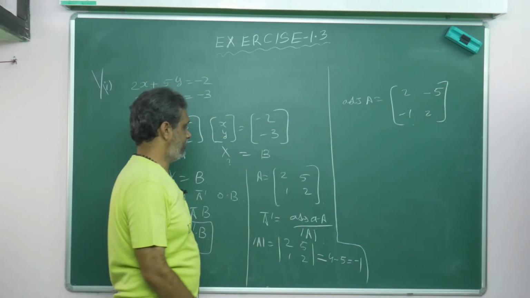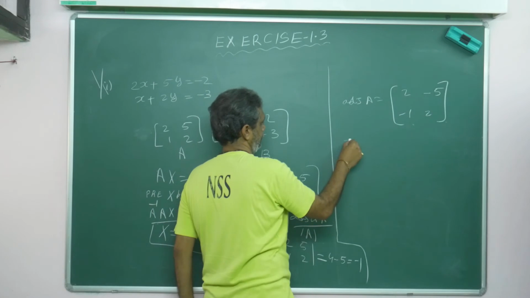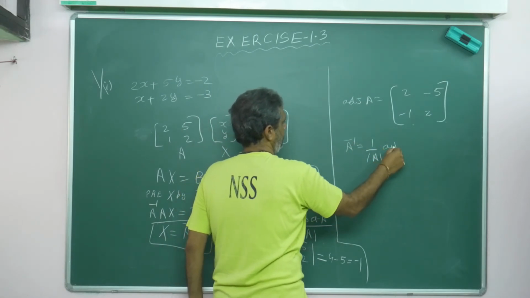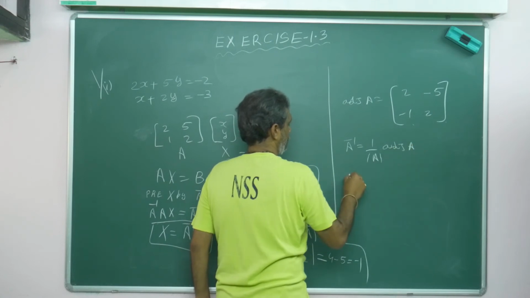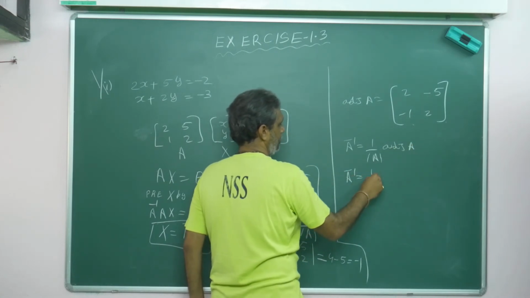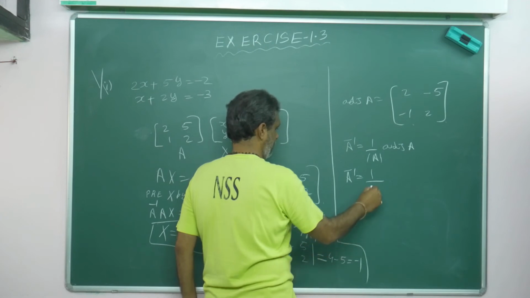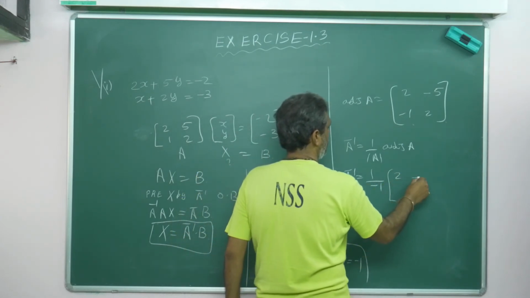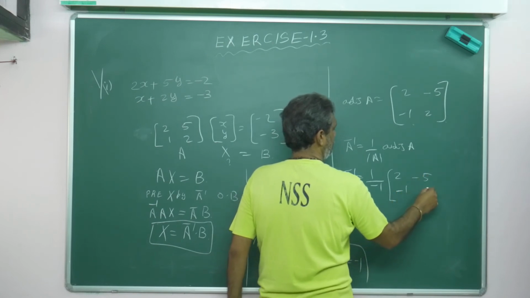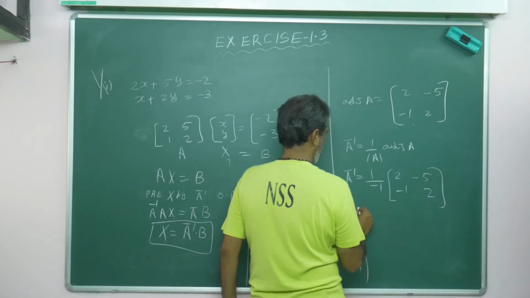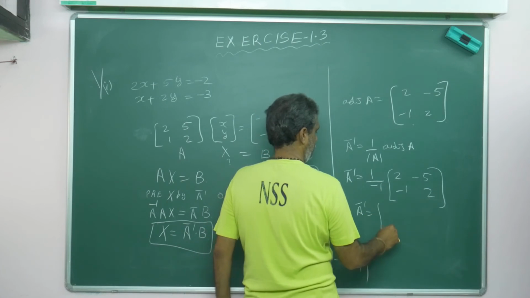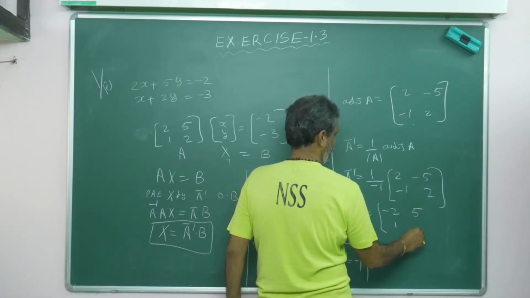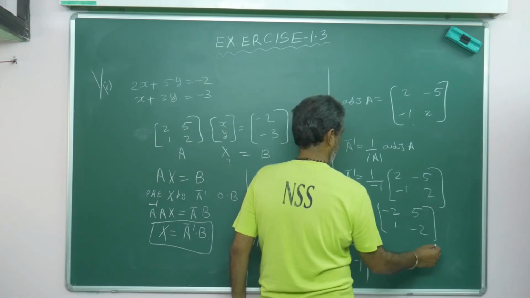Then A inverse is equal to 1 by determinant A times adjoint of A. What is my determinant A? Minus 1. Then 2, minus 5, minus 5, 2. So A inverse is equal to, you can take minus 1 inside also: minus 2, 5, 1, minus 2.